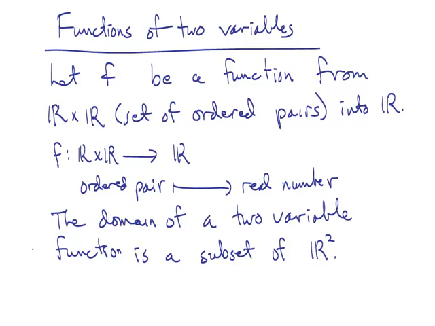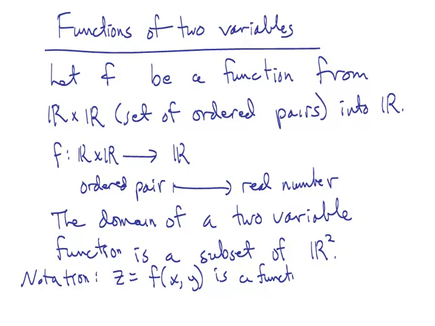And a quick note about notation here as well. A lot of times we call the output of our two variable function z, z being equal to f of x comma y. And so that's the output. Just like we call the output of a single variable function y a lot of times, the output of a two variable function we usually call z.